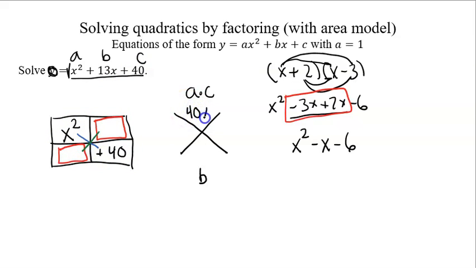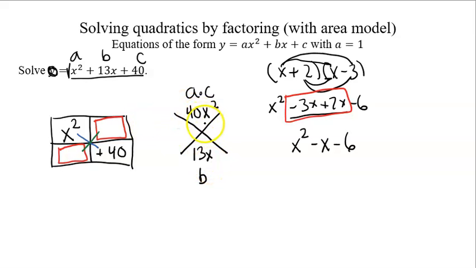And having the x in there is important. Now, the B term, the sum of these boxes will be the middle term, so this can be 13x. And so I want to determine what 2 terms multiply together to give me 40x squared and add to equal 13x.